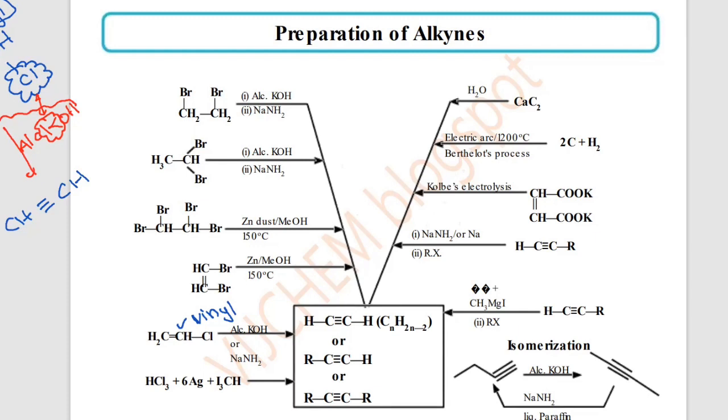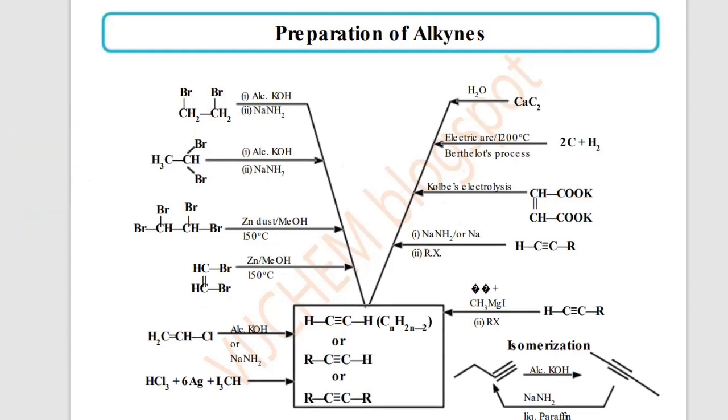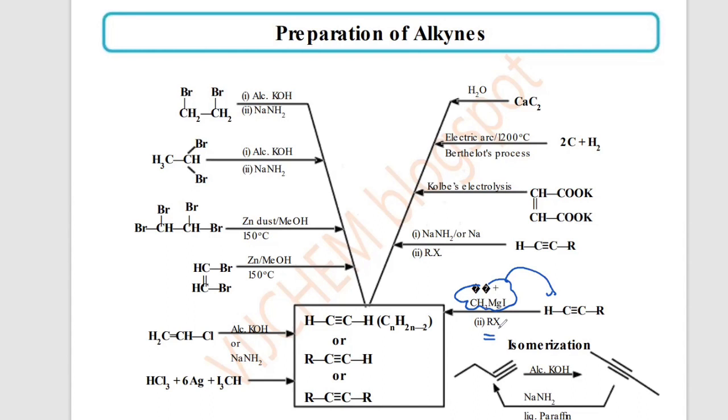Now let us see the next one, by using the Grignard reagent. Okay. So Grignard reagent CH3MgI. First it will react with the alkyne, then whatever alkyl group you want, that alkyl group can be introduced. Here, for example, I have taken CH3 as an alkyl group.